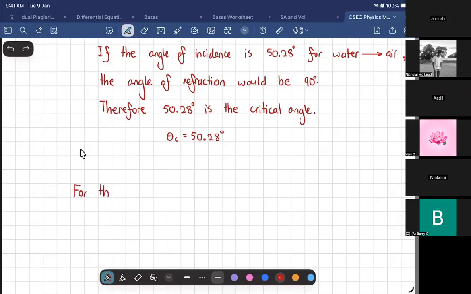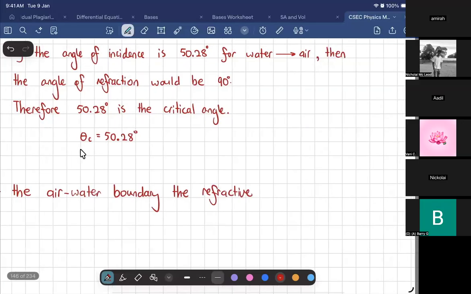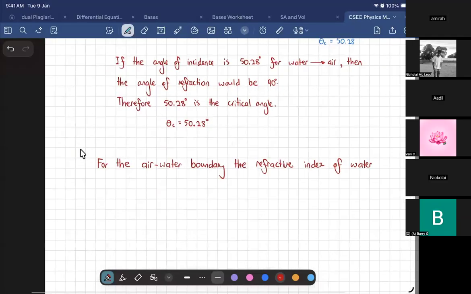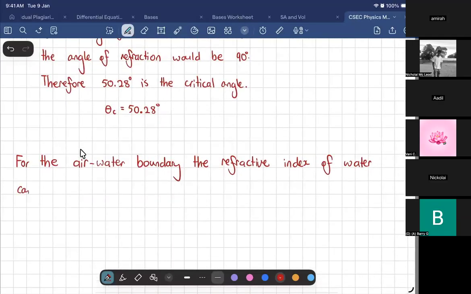Right? For the air to water boundary, right?